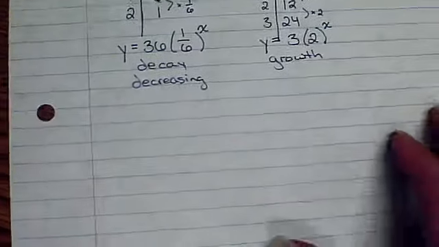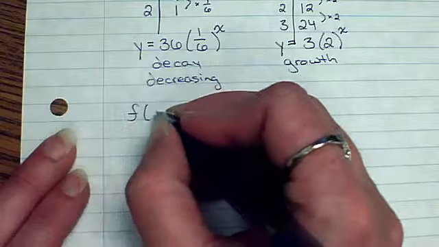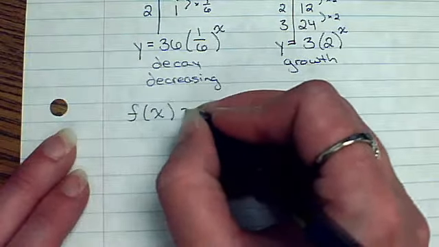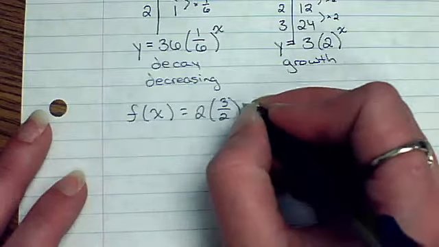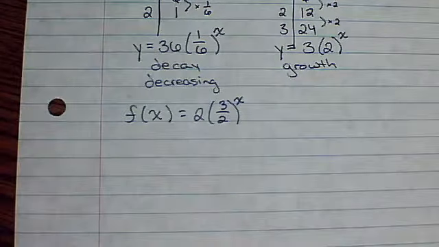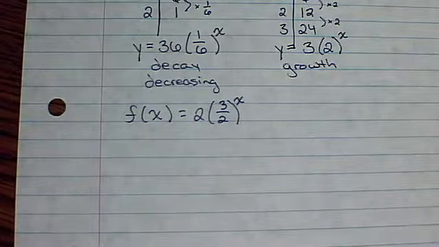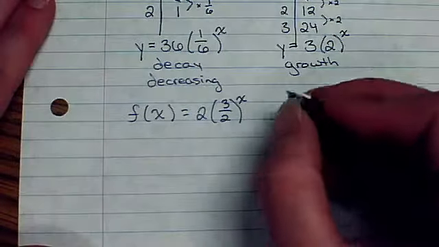Now let's see if we can spot some from just the function. We have a fraction. That automatically means that we have decay, right? Oh no. 3/2 is bigger than 1.